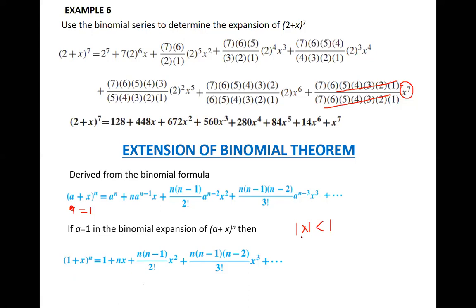When the absolute value of x is less than 1, that's the only time when it's valid. And this is going to be -1. In other words, you can write this as -1 < x < +1. So this is what you're going to have. And in other ways, you can also write it as (-1, 1) in set notation.